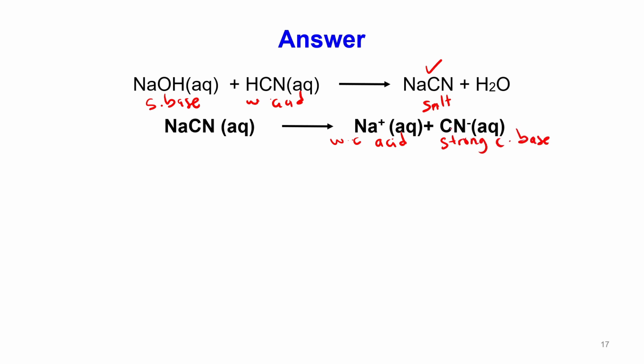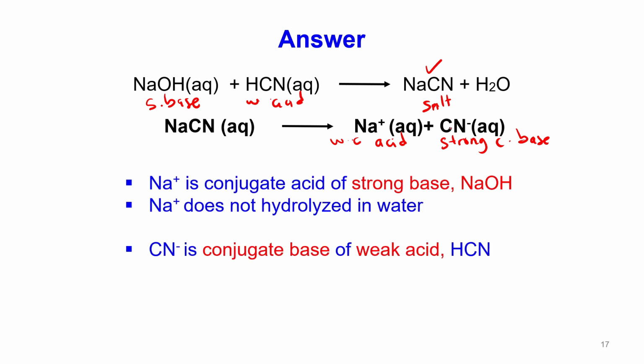So the one that will undergo hydrolysis is CN minus. Na plus is the conjugate acid of a strong base, and it does not undergo hydrolysis. CN minus is the conjugate of a weak acid, so it is a strong conjugate base.